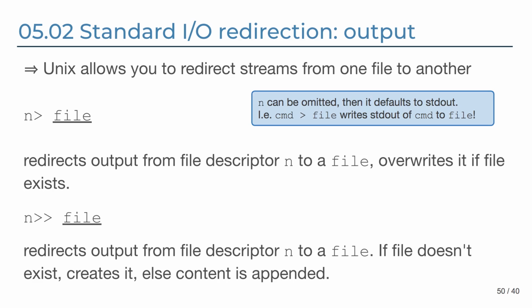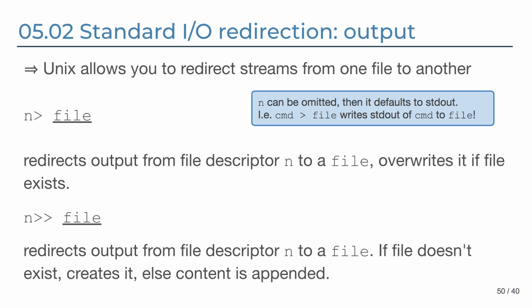How this works is we have a command, then the operator, and then we give it a file name, and this sends the output to the file. To identify which stream we want to store, we can provide the number, in this case 1 or 2, because it makes no sense to give the input back to the output, as it will create an infinite loop.